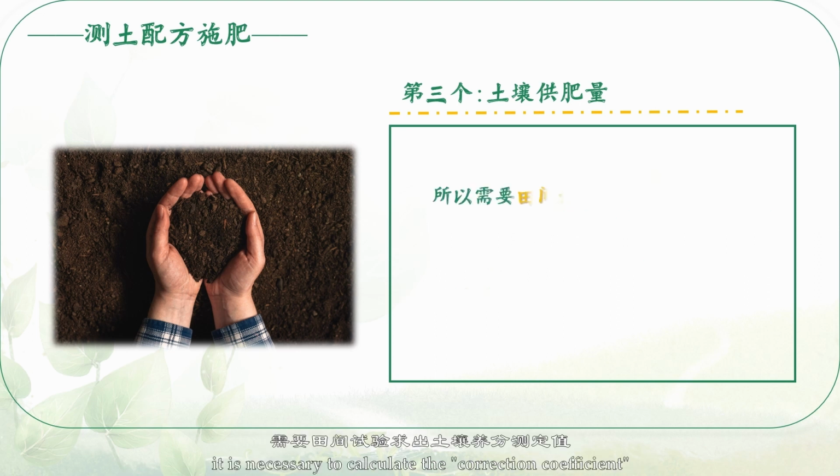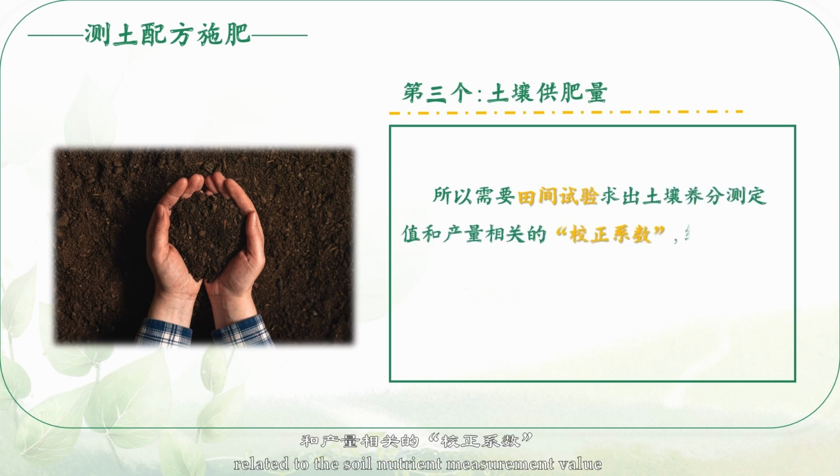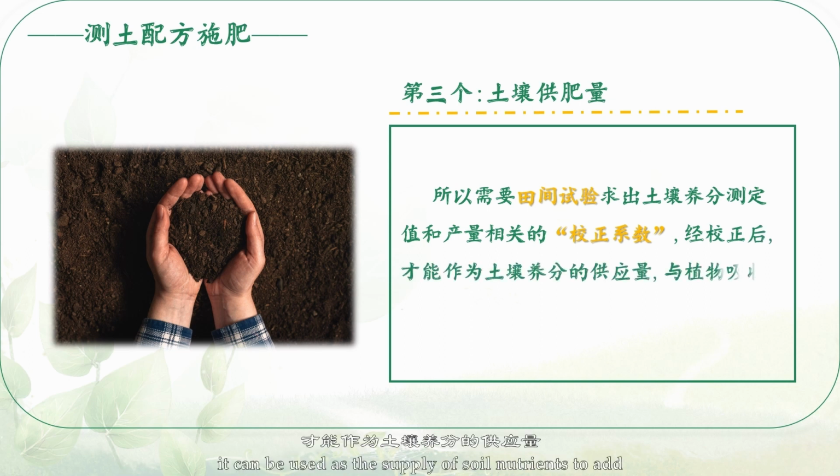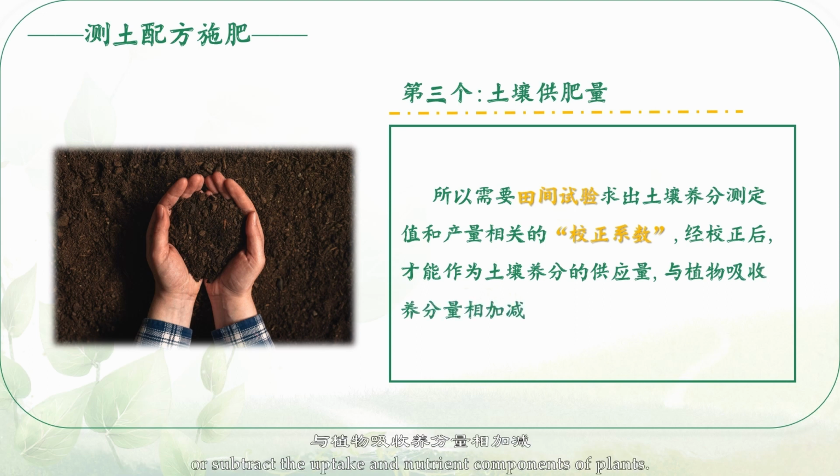Therefore, it is necessary to calculate the correction coefficient related to the soil nutrient measurement value and the yield in the field experiment. And after correction, it can be used as the supply of soil nutrients to add or subtract the uptake and nutrient components of plants.